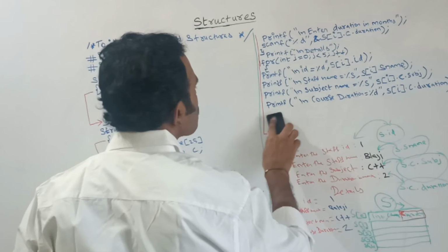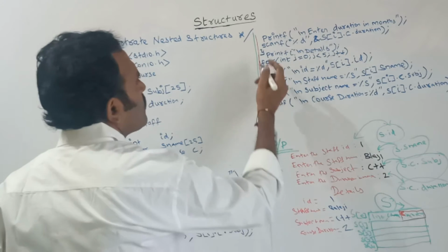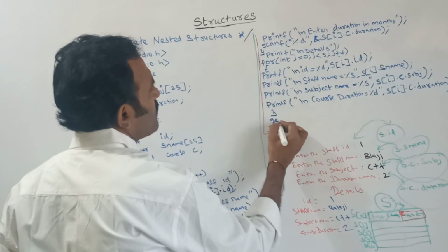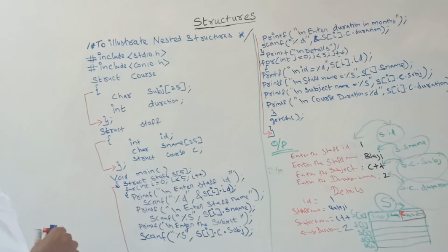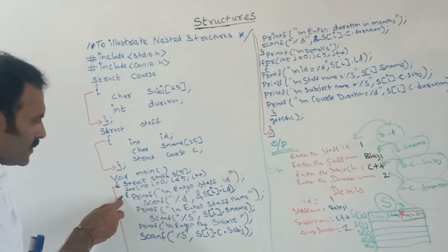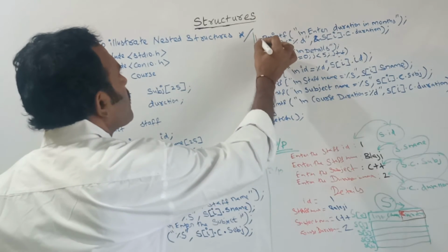Here I need to close this for loop. Open and close, after that give the header. See, this for loop is closed here.